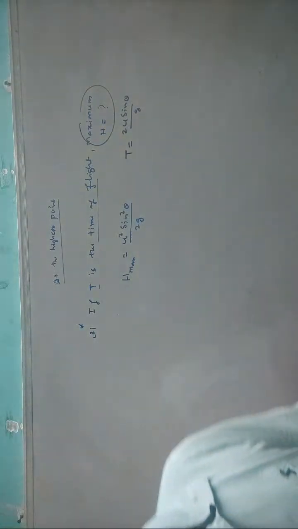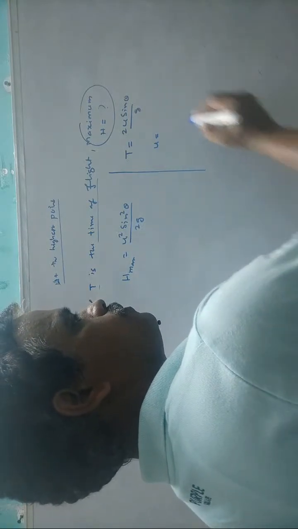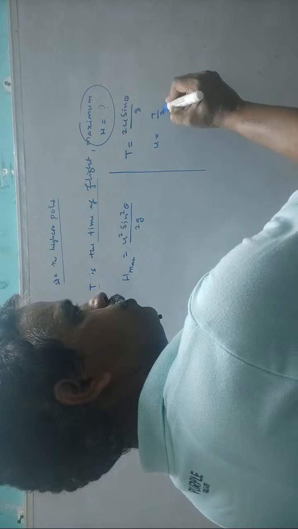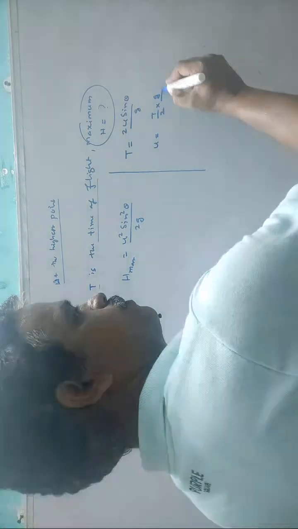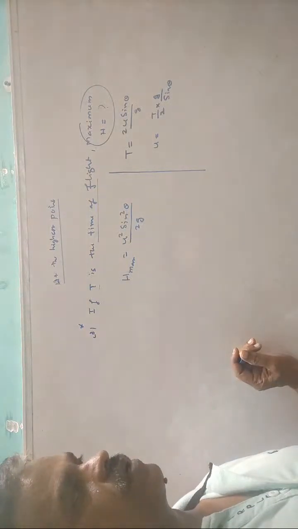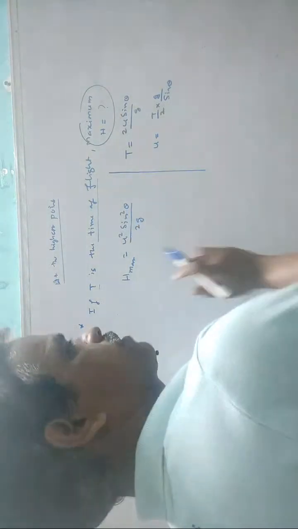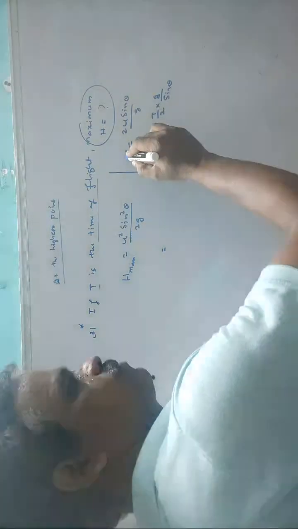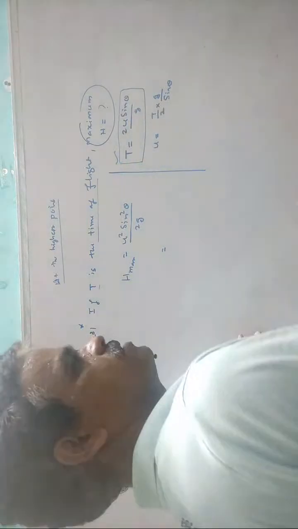From this, just substitute u equal to T by 2 into g by sin theta. Just substitute here.